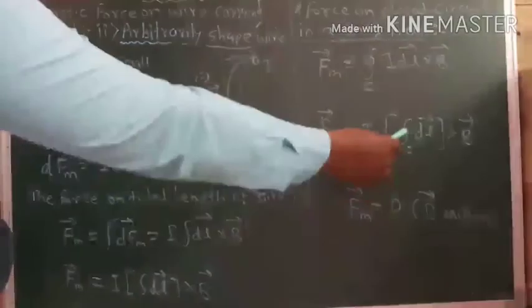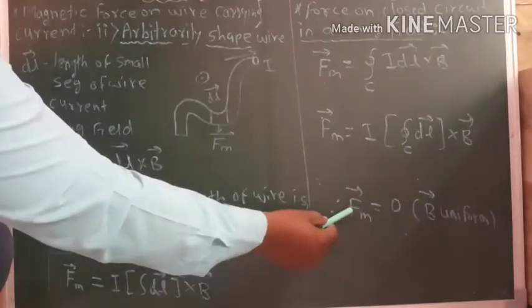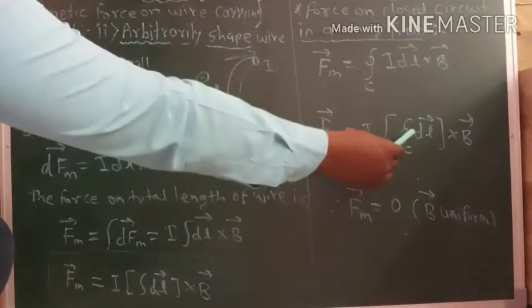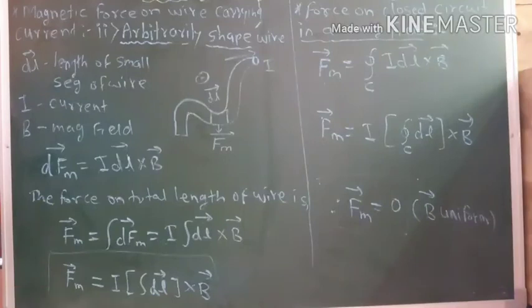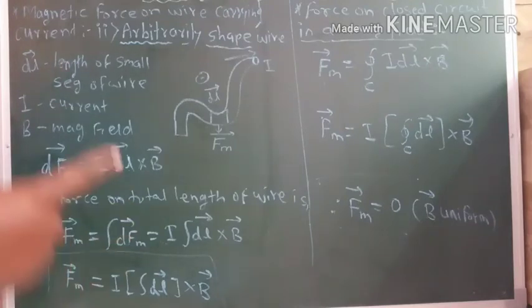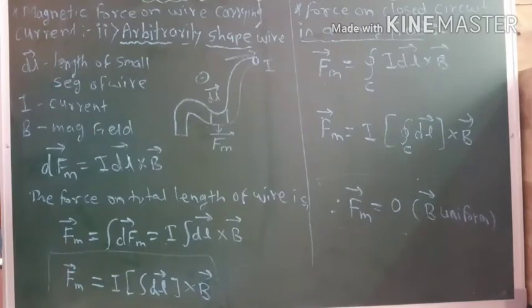Therefore F_m vector is equal to 0, because this bracket is 0, times I, times B. Therefore F_m vector is equal to 0 if the B vector, or magnetic field, is uniform and the vector sum of the dl vectors is 0. This is the magnetic force on the wire and also on the closed circuit.